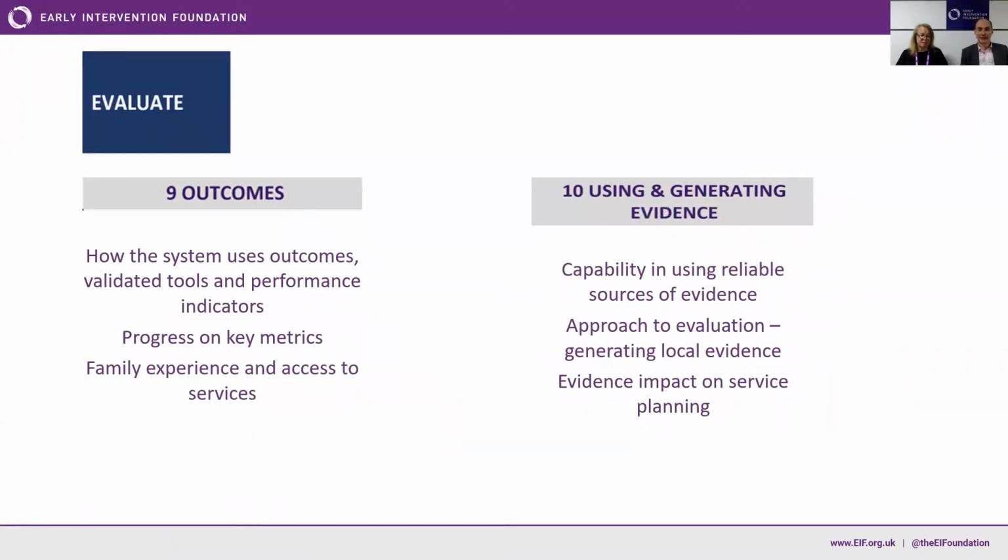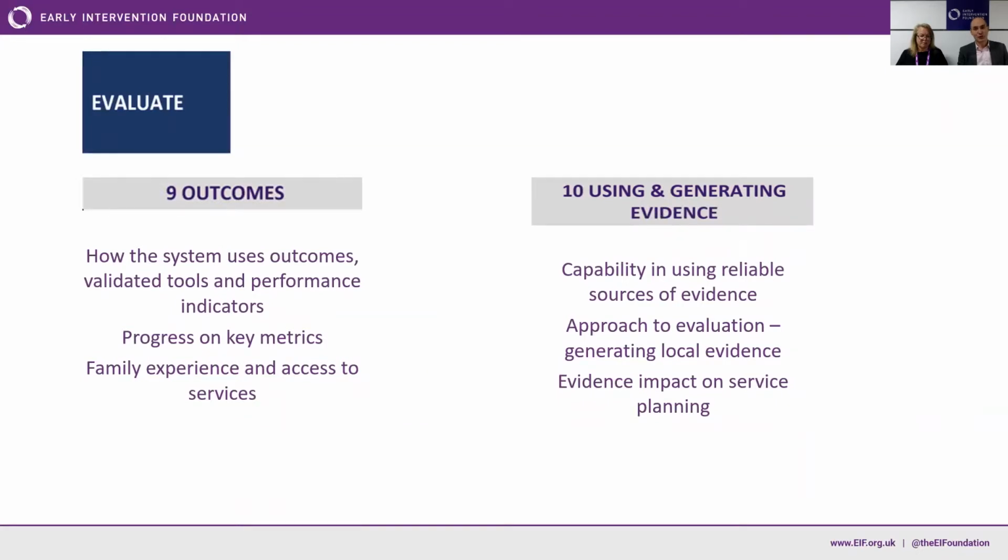And then finally, the matrix looks at evaluate, which is divided up into two key elements, outcomes and using and generating evidence. And the matrix covers things like how the system uses validated tools, whether there is an outcomes framework, what kinds of shared performance indicators are used across the local partnership to understand progress for families.